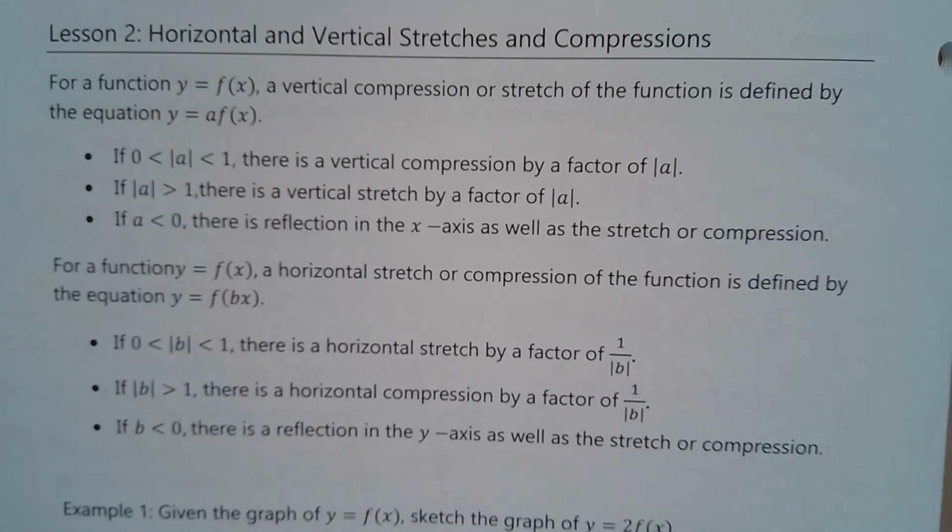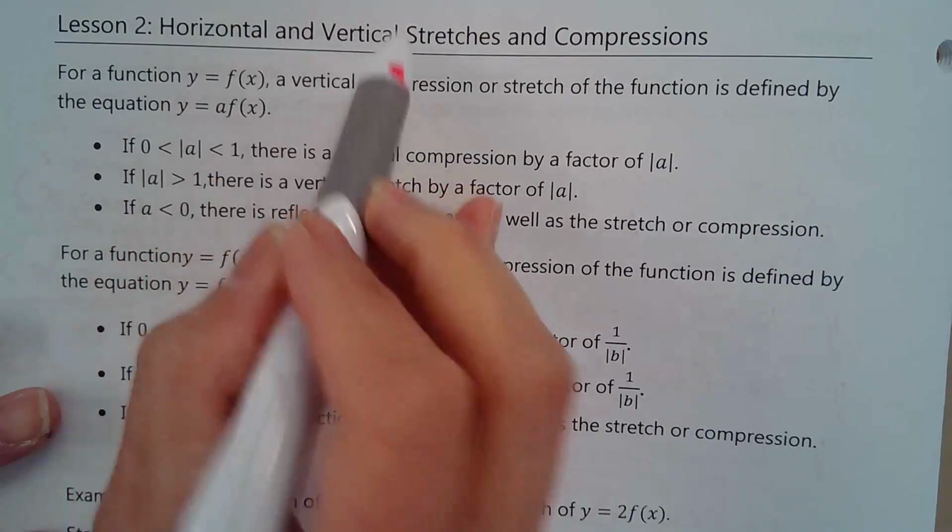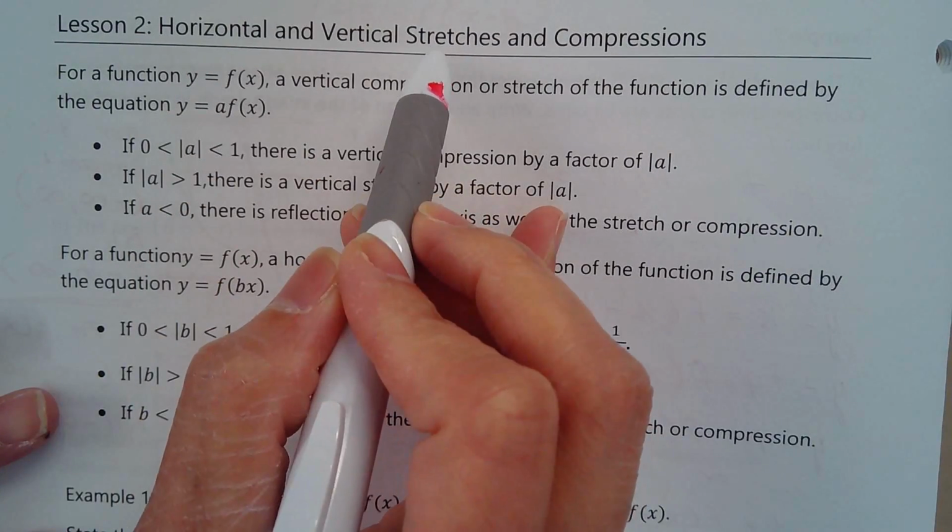So what we're going to do is expand our understanding of transformation. Last week we did the translation, moving up or down, left and right. Today we're going to do horizontal and vertical stretches and compression.